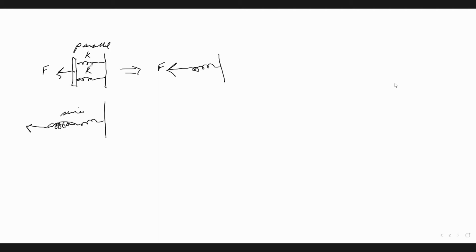So what do I write for this? Well, I write that the force, look at this situation here, this is K equivalent. A spring which is equivalent to these two, such that this force F gives me the same extension. So I have F equals K equivalent times the amount that I extended, delta x, that's for this.